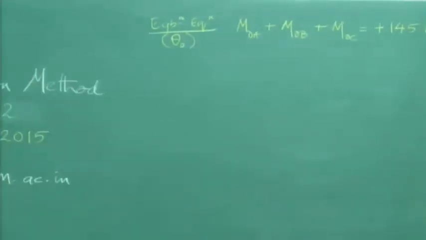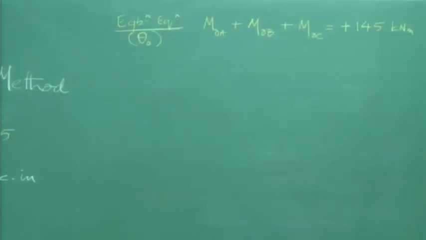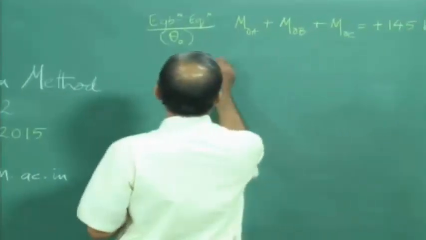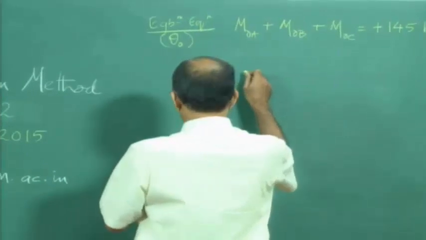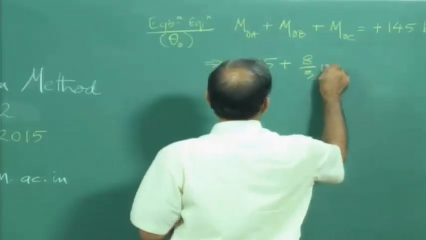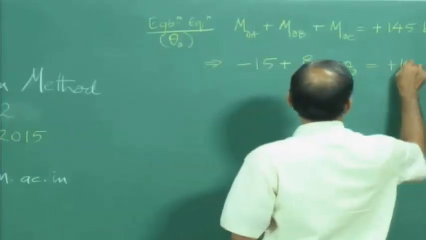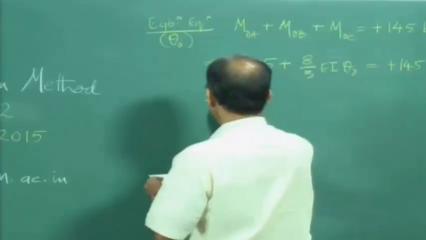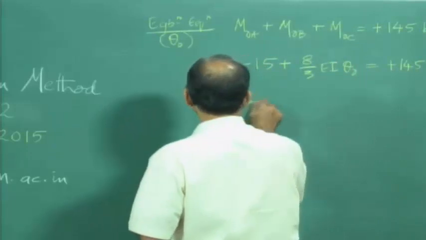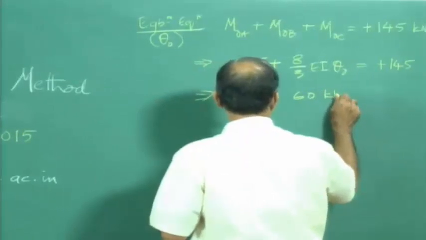You have to basically add these 3 quantities and these 3 quantities, correct? If you add them up, what do you get? You get minus 15 plus 8 by 3 EI theta naught is equal to plus 145. Very easy to solve. You get EI theta naught equal to 60 kilonewton.